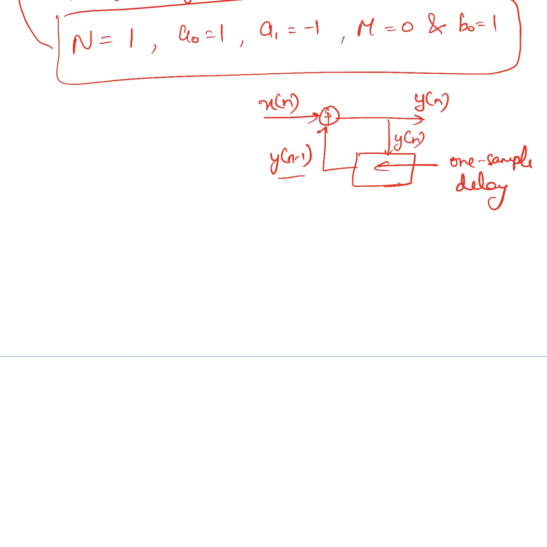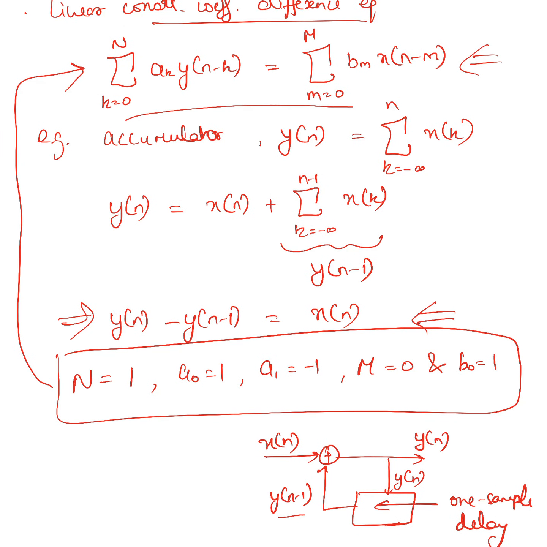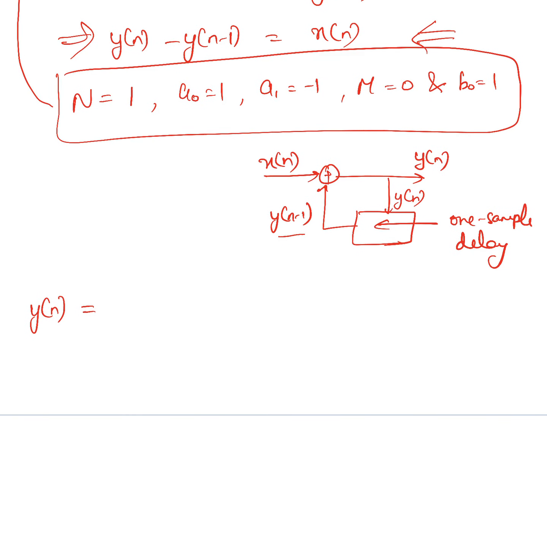Okay, and generally also we can represent this y of n from this equation. If I take the expression for k equal to 0 outside of this summation, I would get y of n.